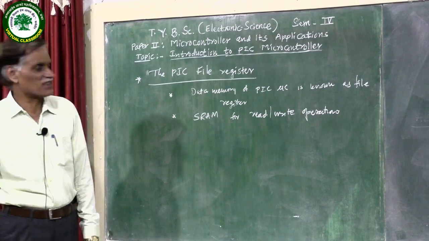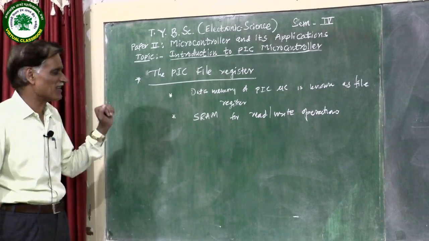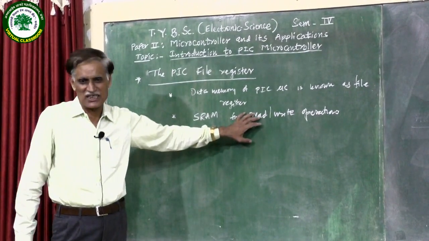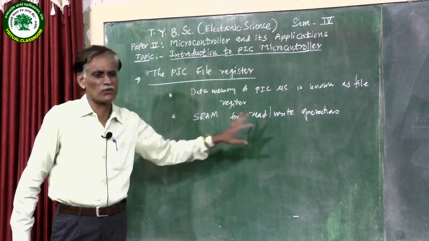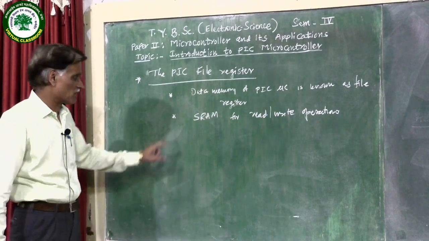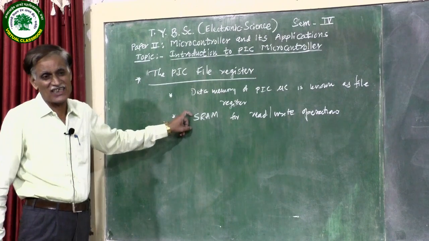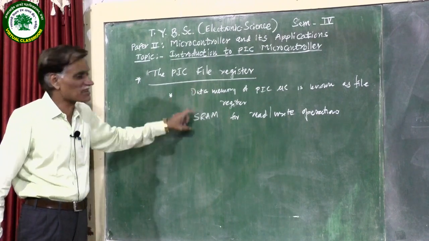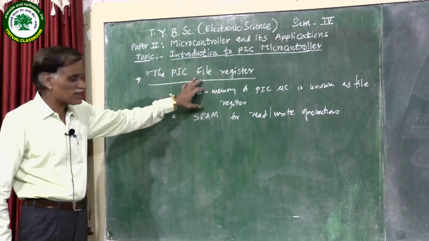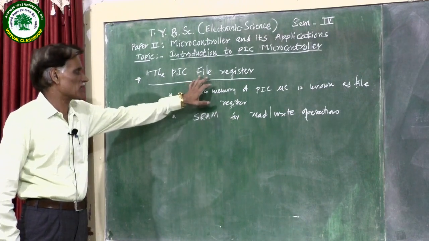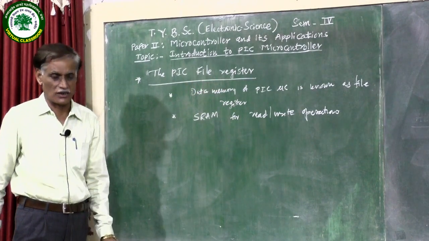Therefore, as far as PIC file registers are concerned, you can write information inside them at any time, or you can read the data from it. From that point of view, we say that it is a static RAM. And this data memory, in PIC language, is known as file register.